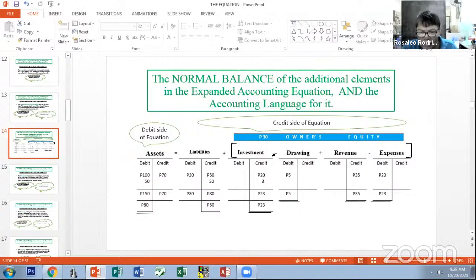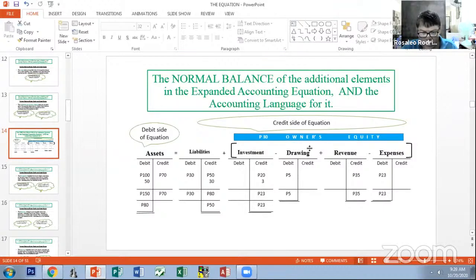As you can see, as we already discussed previously, a drawing is a withdrawal of the capital or interest by the owner. This is a variable that decreases the capital invested by the owner, or the interest of the owner in the business.